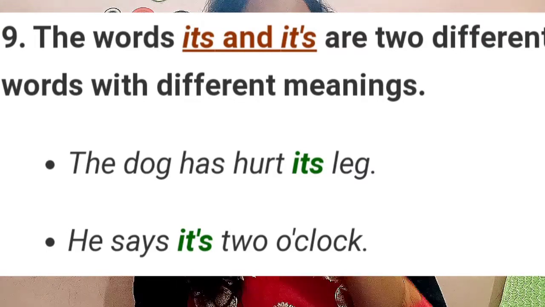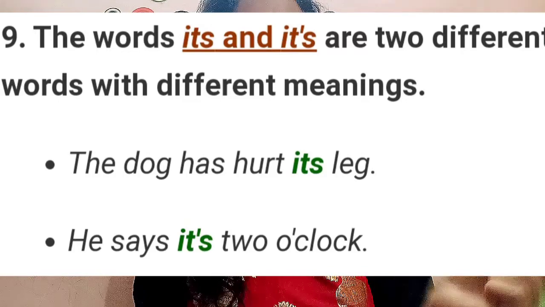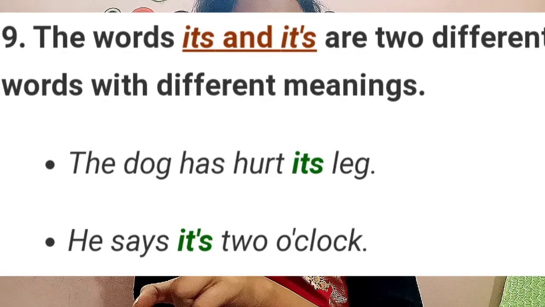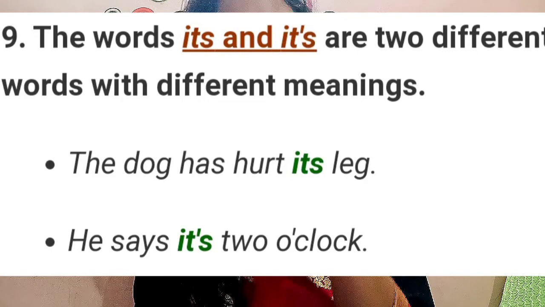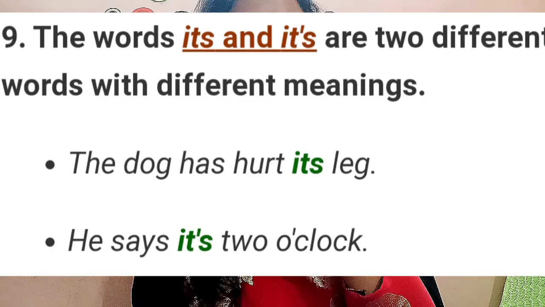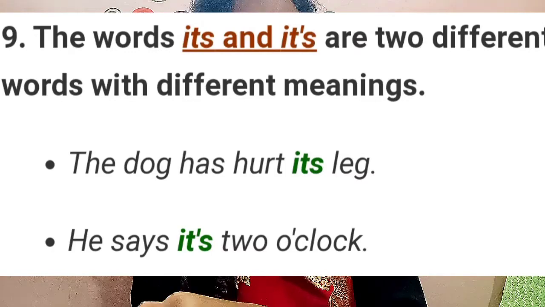There is a basic difference. If I say the dog has hurt its leg, the word its refers to the dog. It's a possessive form, and here we do not use an apostrophe. The dog has hurt its own leg.